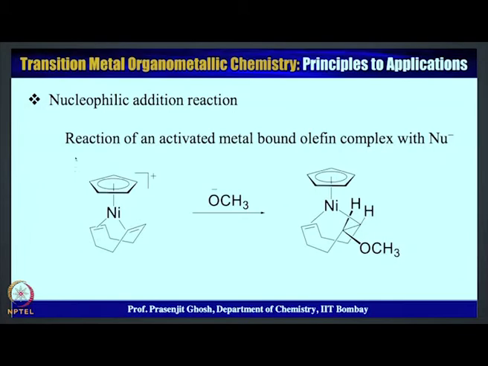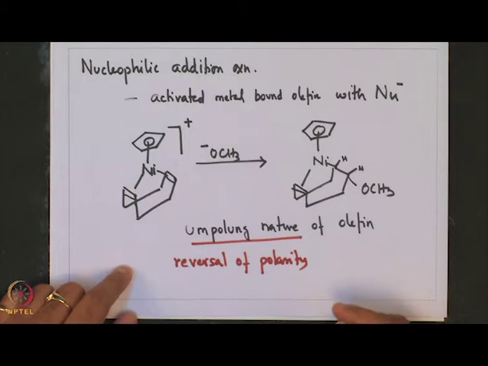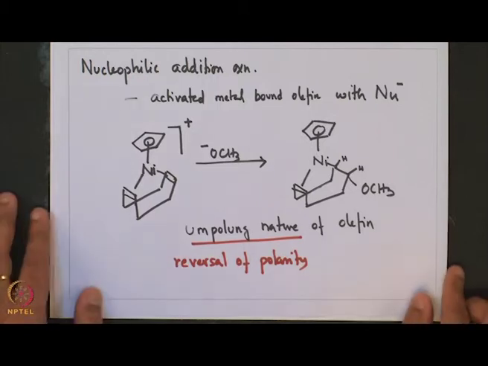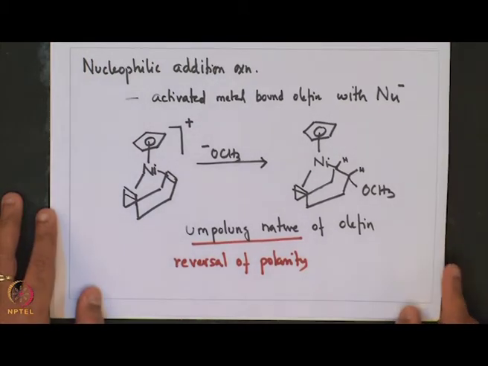Olefins, when unactivated, are very electron rich and would not be attacked by a nucleophile, whereas they would normally be attacked by electrophiles. But the same olefin, when activated by metal as shown over here, can be attacked by a nucleophile, and this is what is called reversal of polarity or the Umpolung nature.